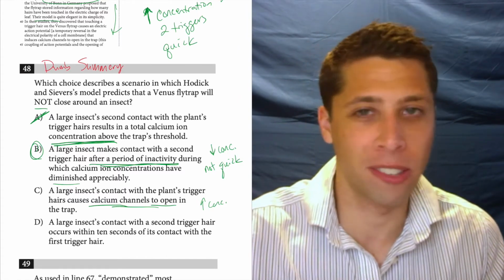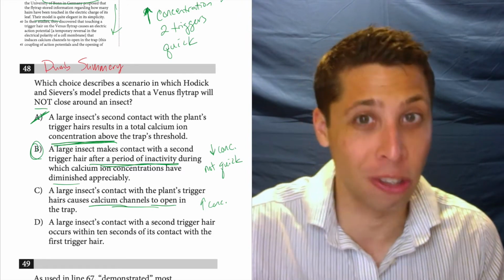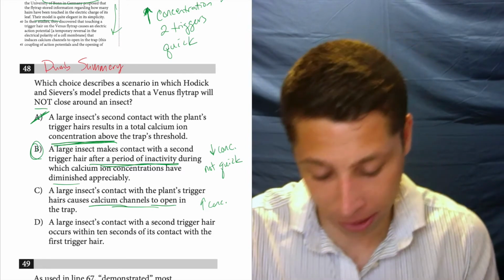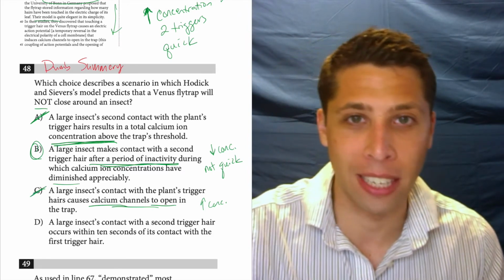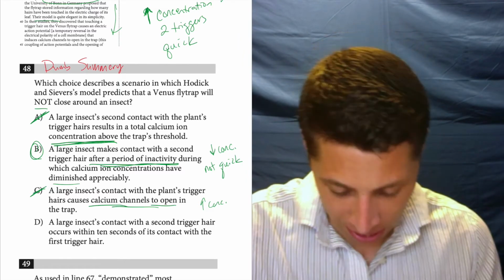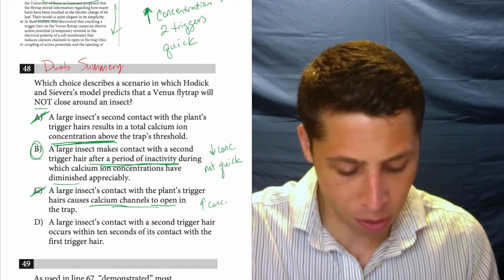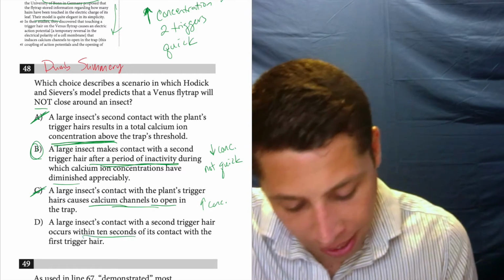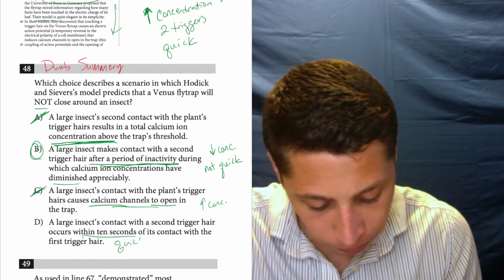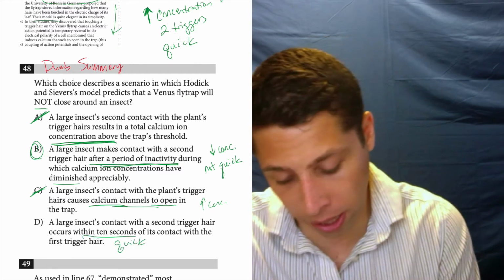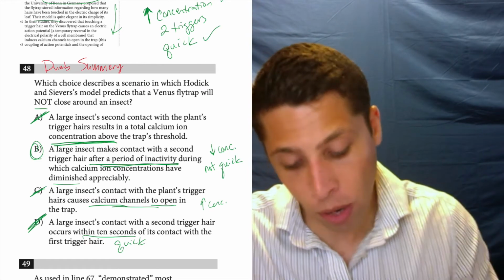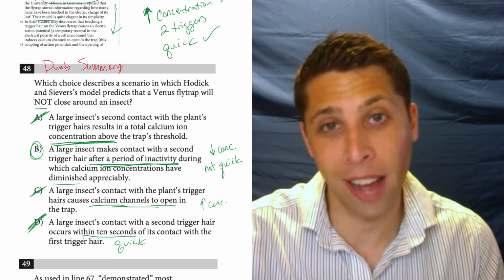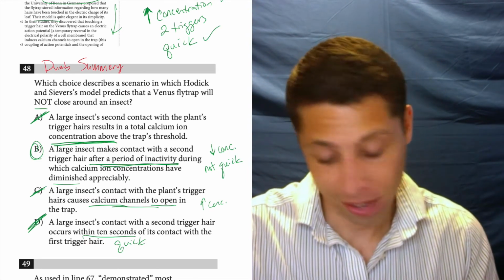The whole point is that they're describing this exact situation as what causes the trap to close. I don't really get C. It doesn't seem different. D, a large insect's contact with a second trigger hair occurs within 10 seconds of its contact with the first trigger hair. That sounds pretty quick. So quick is good. We want quick. We don't want not quick. And that's what choice B is. So that is what's right.